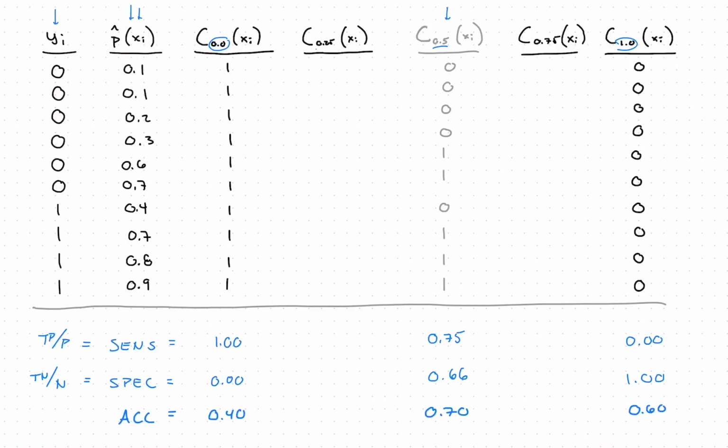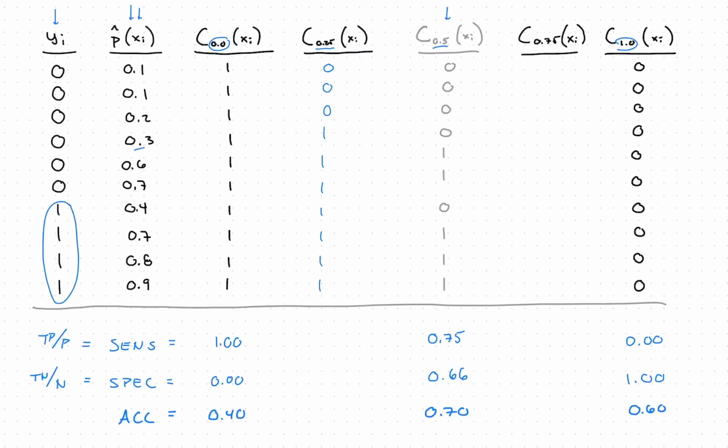If we have this 0.25 here as a cutoff, now I'm going to make the classification. So that's a 0, that's a 0, that's a 0, and then we get to this 0.3, so that's a 1, and everything else will be a 1 because those are all bigger. Okay, so for the sensitivity, I need to look at these observations here.